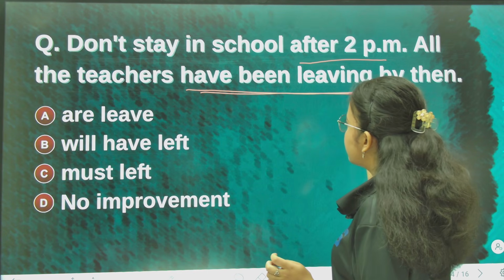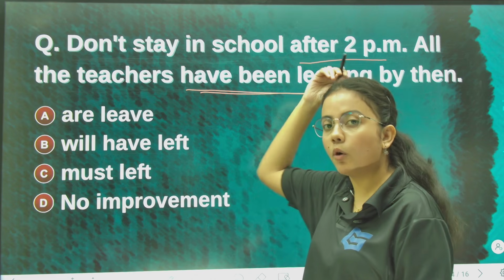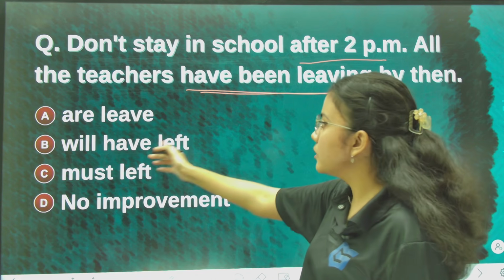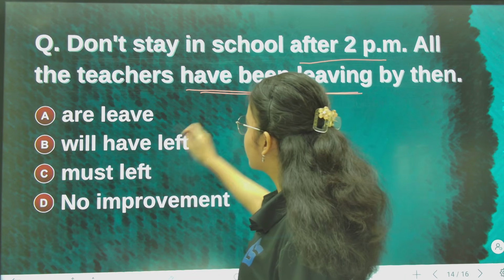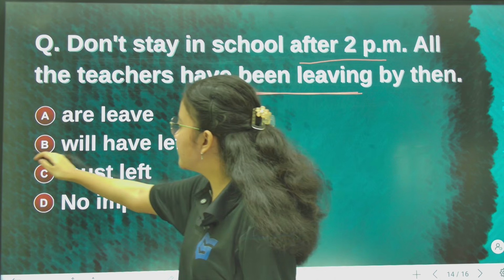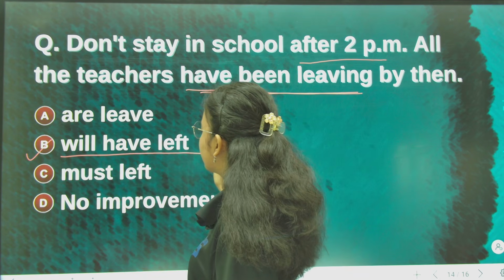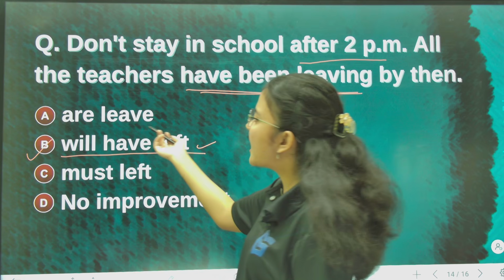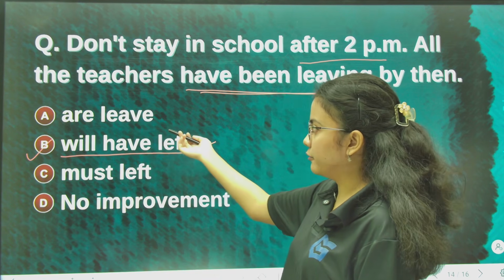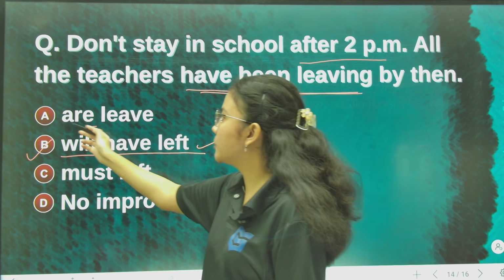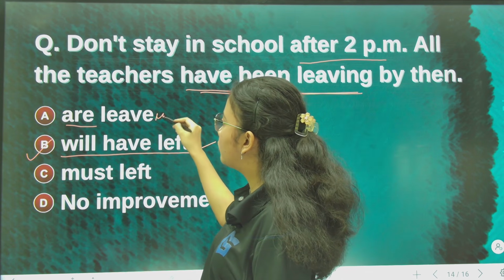It means something will happen in the future. Definitely it will, so that is why in such sentences we use future tense. So in future tense, will have left will be the correct answer. Are leave is not right. We do not write are leave. If there is a helping verb, after that we always add ing.